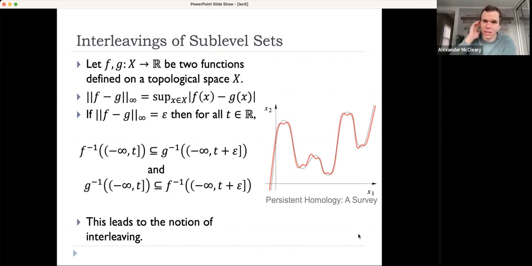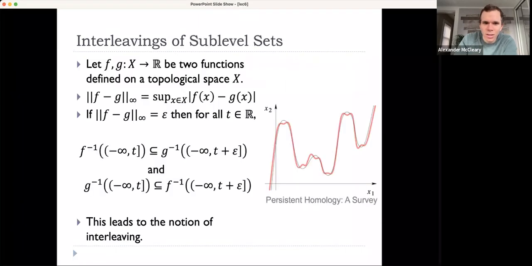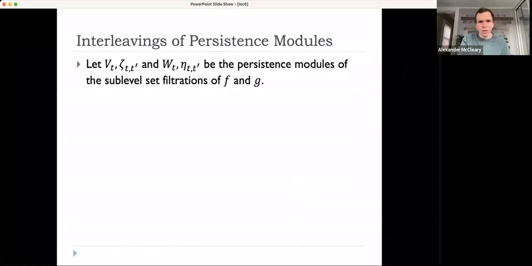So these containments here lead us to the notion of interleaving. Let's say we apply homology to the sublevel set filtrations of f and g. We have all of these sublevel sets, and they're all contained: the sublevel set for f at t is going to be contained in the sublevel set for f at t prime whenever t is less than or equal to t prime.